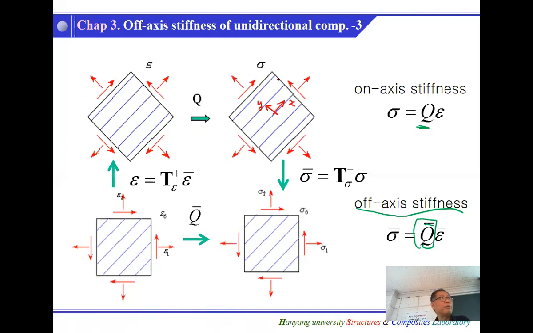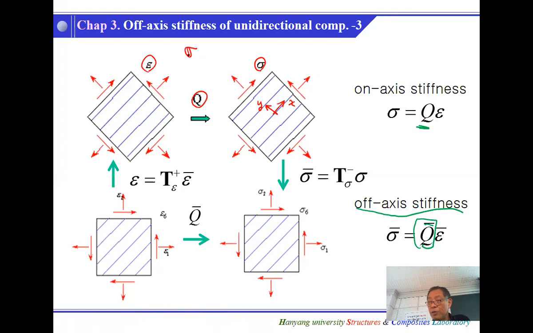Right now we don't have to pay attention to the through-the-thickness direction, Z direction, since all the fiber rotation is with respect to the Z direction, so it's an XY plane. Anyhow, this is the XY coordinate, this indicates the strain, and this arrow indicates the stress. Now, what is Q?